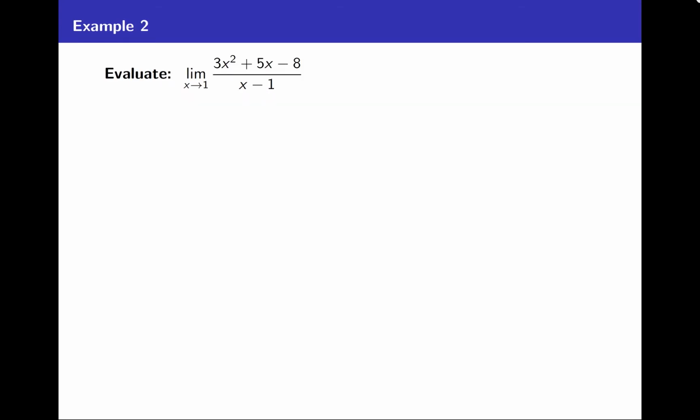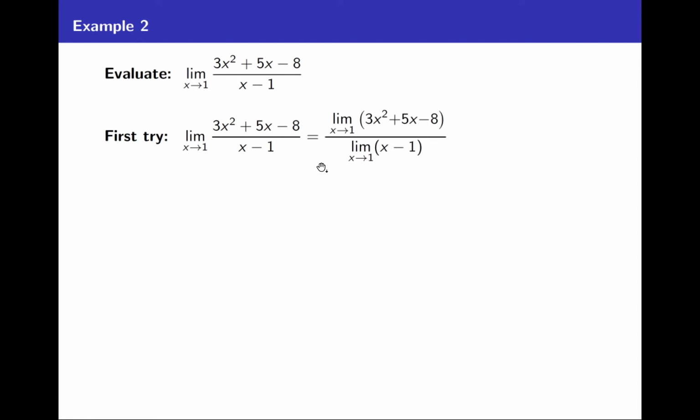In our next example, evaluate the limit as x approaches 1 of 3x squared plus 5x minus 8 over x minus 1. Always when you're working out limits, your first impulse is to try to apply a limit law. And here you might look at this and say, well, I've got the limit as x approaches 1 of a quotient, so let me apply my limit law, and we get this limit divided by this one. And working out the top and bottom limits, we get 0 divided by 0.